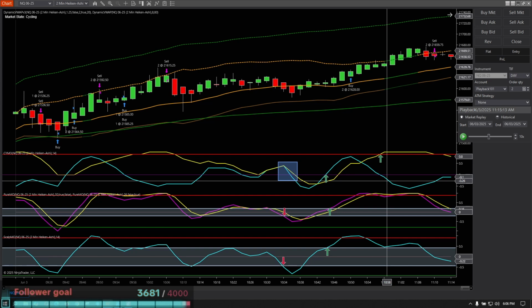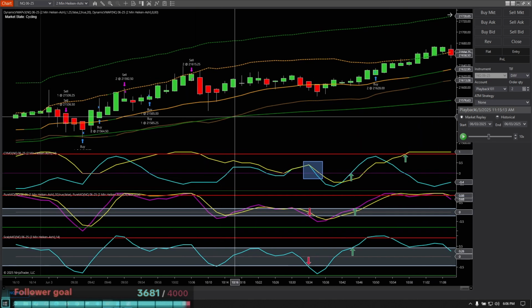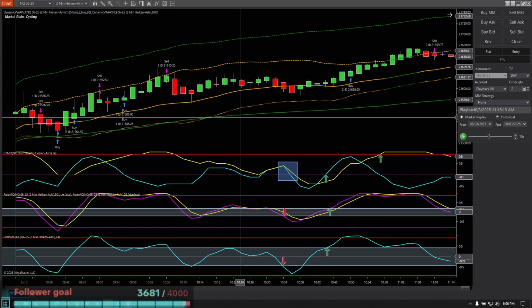PureMO confirmed the directional intent. Dynamic VWAP helped us stay out of any chop that we saw in the cycle chart. And we just ran this all the way till about 11 a.m. and caught some pretty decent trades with a lot of the nuance that we saw today in the session, guys. So I'll go ahead and stop it there for now, and I'll answer any questions that you guys might have.